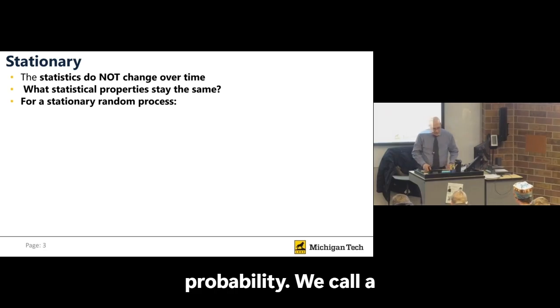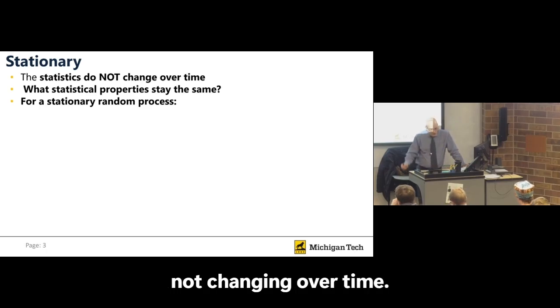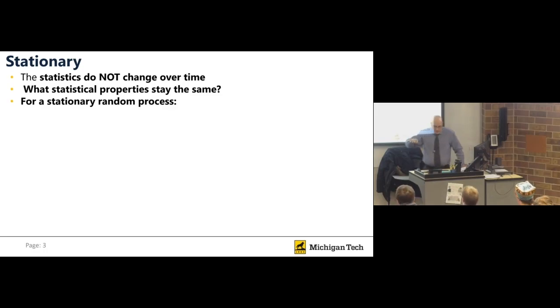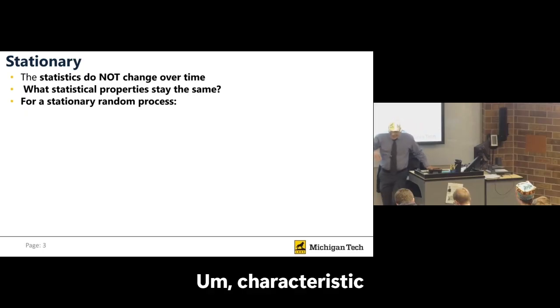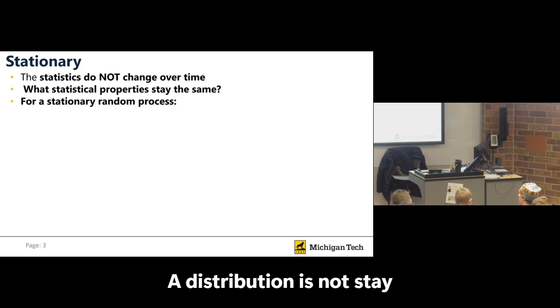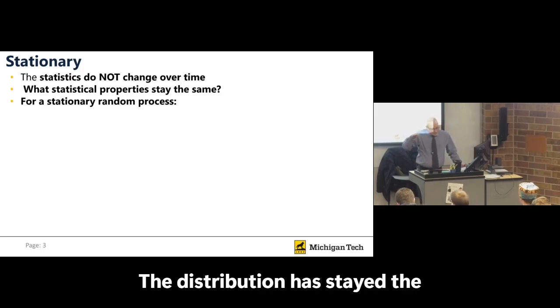We call a process stationary when it is not changing over time. It means the characteristic, or probability distribution, stays the same all the time.